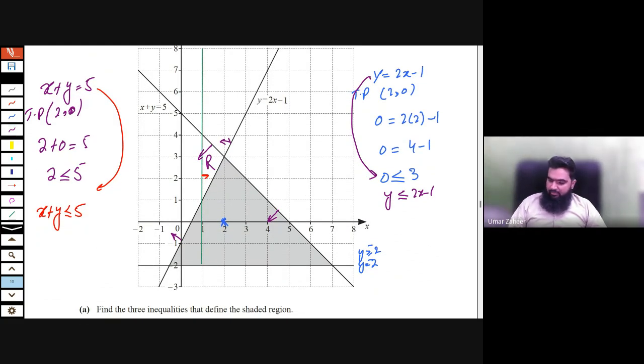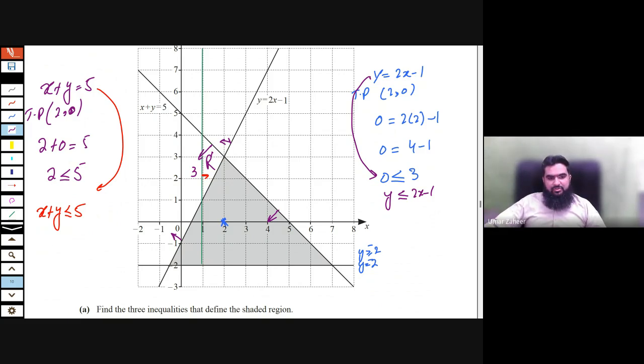All right, now look here. It's a triangle, right? So we have to take the base and the height. The base is 1, 2, 3, so we have length 3. The height is 1. So we have to use the formula 1 by 2 base into height.